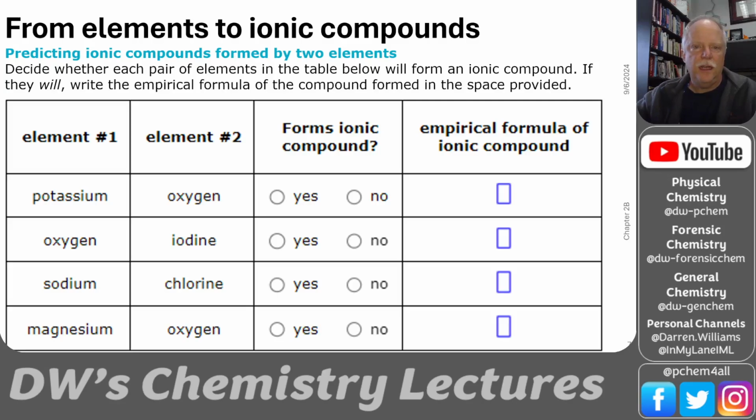Now this is taking element names and making ionic compounds with them. And again, we got to know what the common ions are going to be. Like oxygen is going to form a 2- oxide anion. And so in this case, they don't want us making the molecular compounds. They just want us making the ionic compounds.